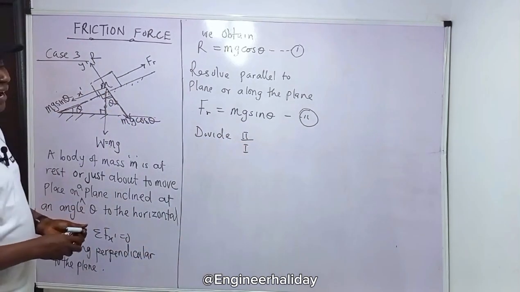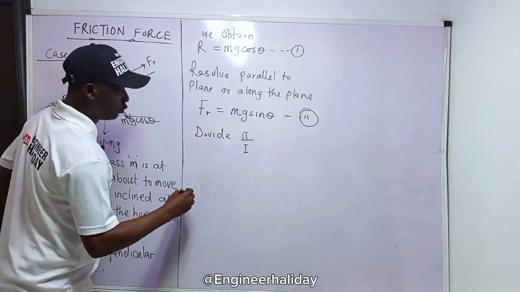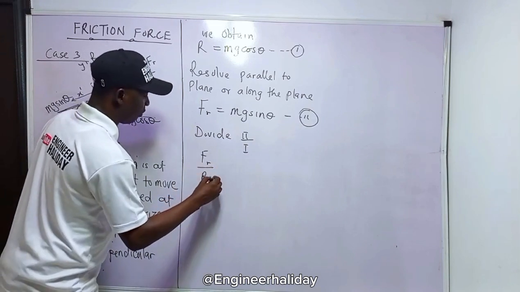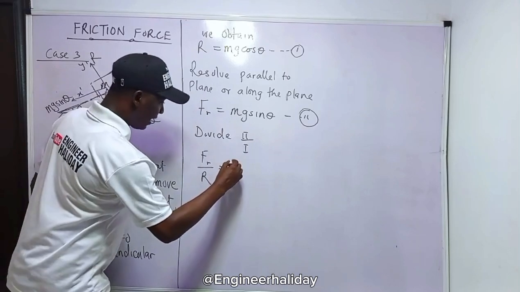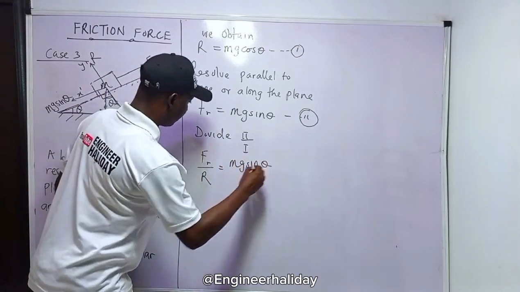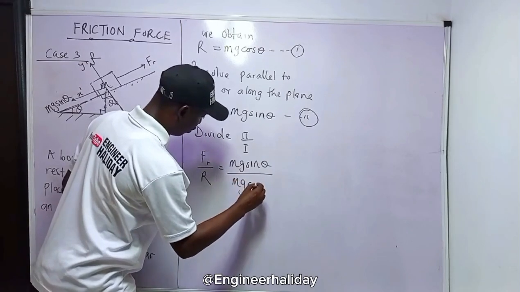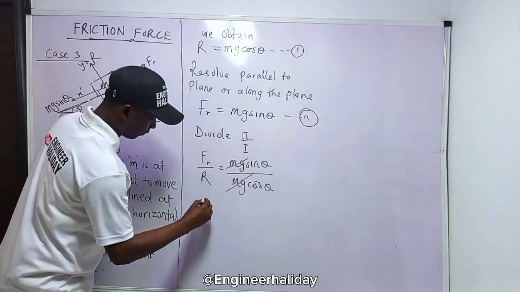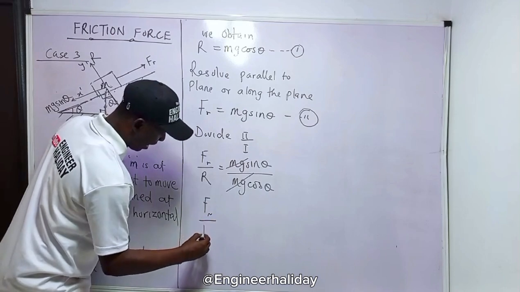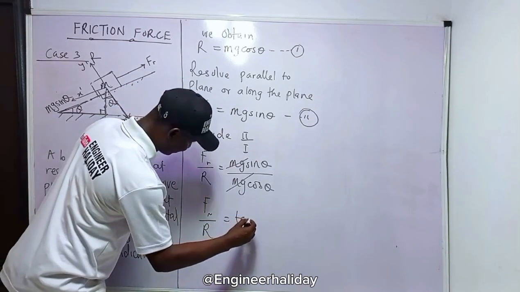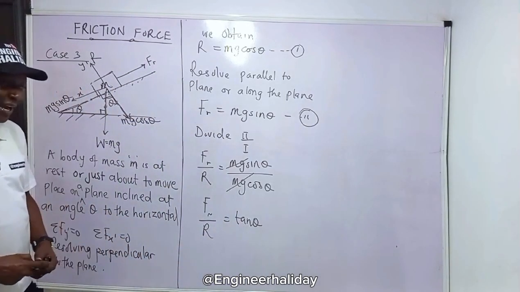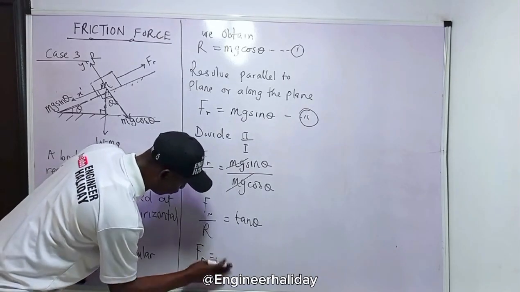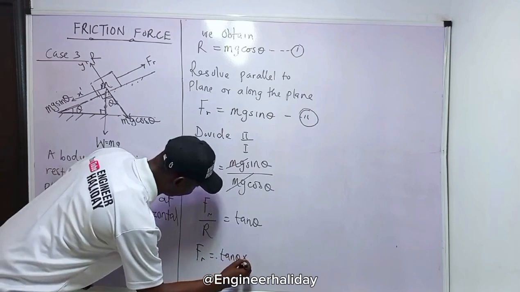We have Fr over R equals mg sin theta over mg cos theta. We cancel mg, and what we are going to have is Fr over R equal to tan theta. So Fr equals tan theta times R.